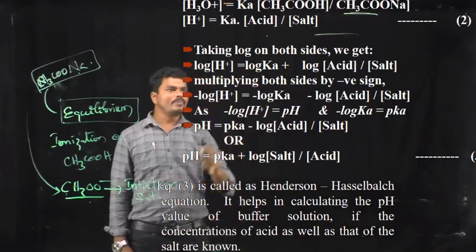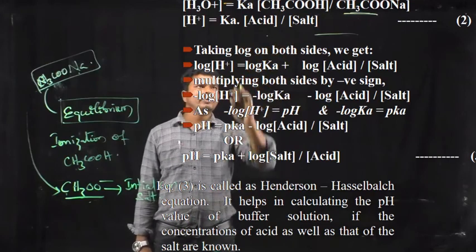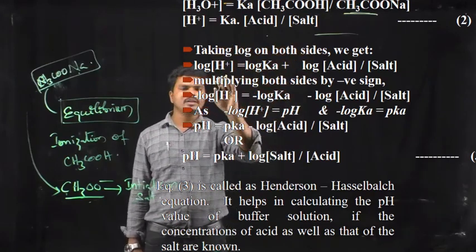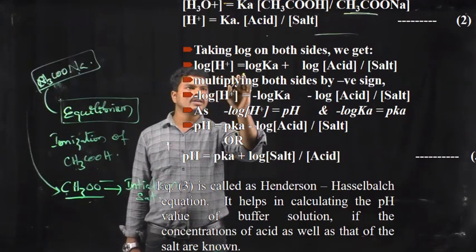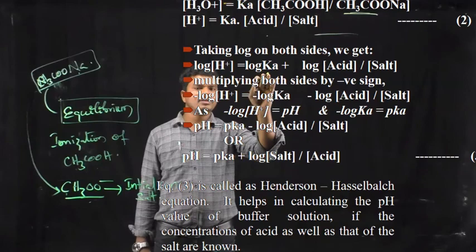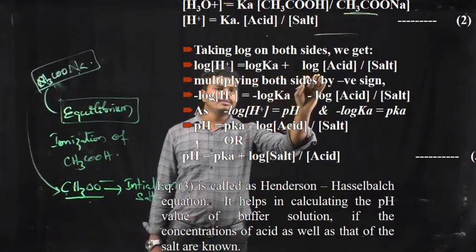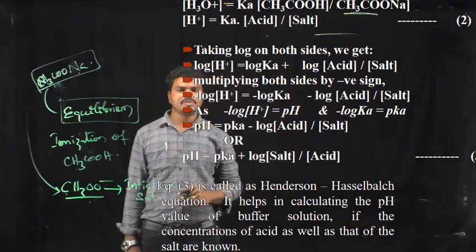And when you apply the logarithm on both sides of this equation 2, then we can write this equation as log H plus ion concentration is equal to log Ka plus log acid divided by the concentration of the salt.